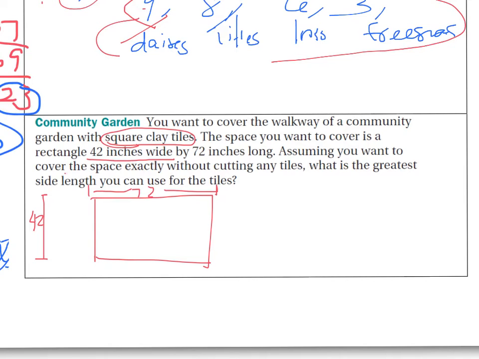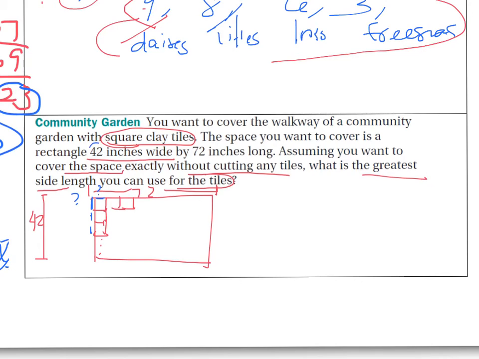Assuming you want to cover the space exactly without cutting any tiles, so if we fill in all these tiles, these would all have to be squares, okay, and we're not going to cut any of them. What is the greatest side length you can use for the tiles? So what we're looking for here is the greatest side length of each tile. Okay?